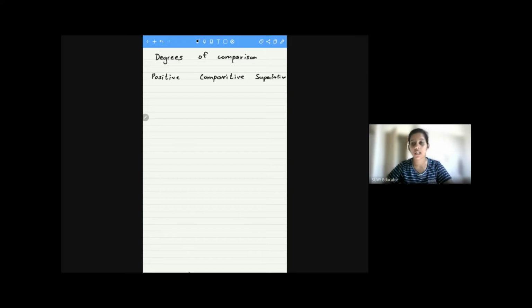Okay? So when you say a word like that man is old, you are just telling about a man, okay, he's old, or I saw an old man. So now old is the adjective. You are just describing the man, that he is old.